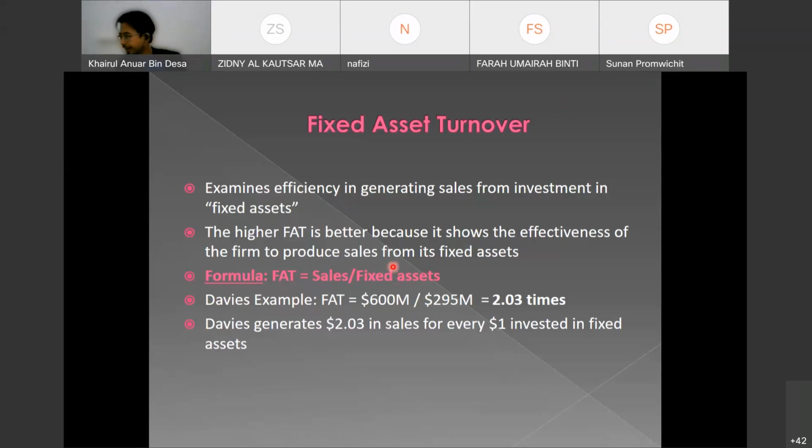Let's say kita ada factory, kita ada machine, kita ada truck, cargo, container. Bagaimana kita menggunakan kilang kita, mesin kita, to produce our products, and then we market our products.